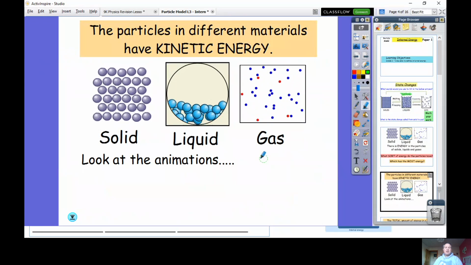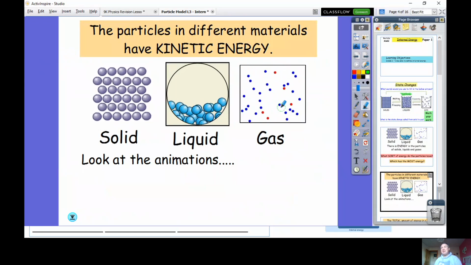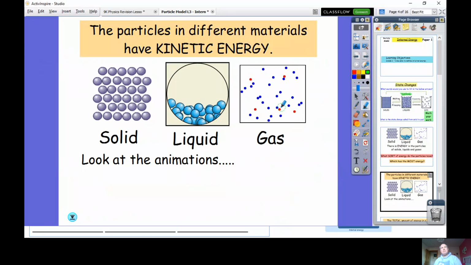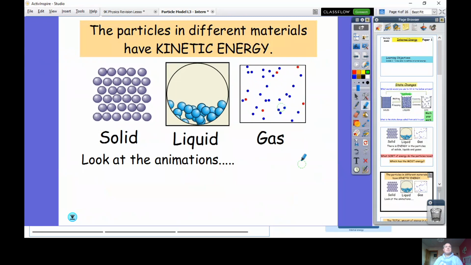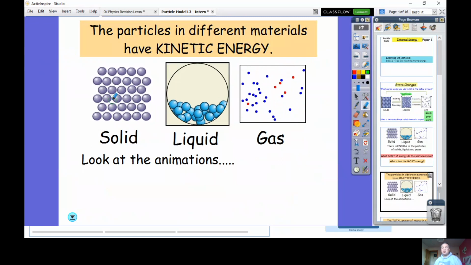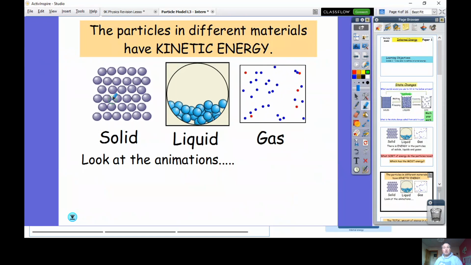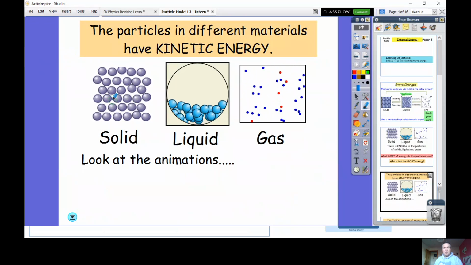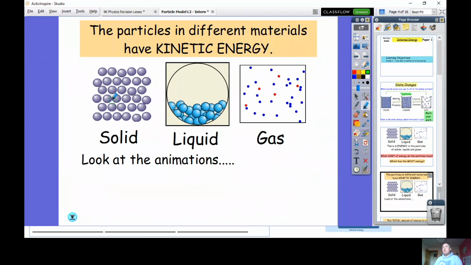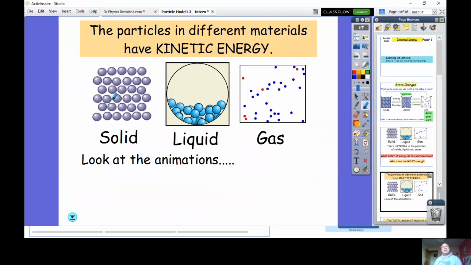We would say that the particles in a gas have a lot of kinetic energy because they're moving very fast. We would say that the particles in a solid have less kinetic energy because they are moving slowly. So in a solid, a liquid or a gas, there is some kinetic energy because the particles are moving.